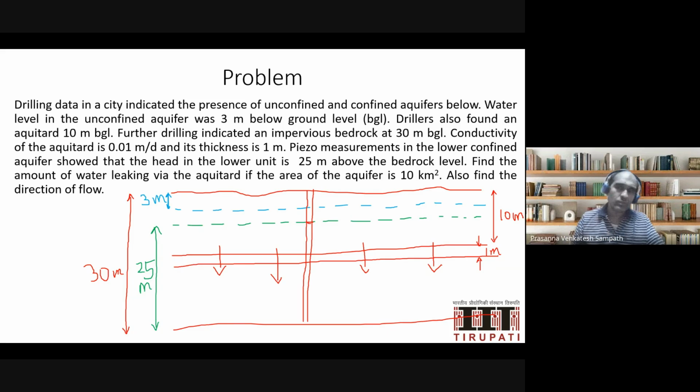Now we have to do the other half of the problem, which asks us to find the amount of water leaking via the aquitard. So now we'll have to apply some equation which allows us to figure out how much water is flowing. How do we find the quantum of water?